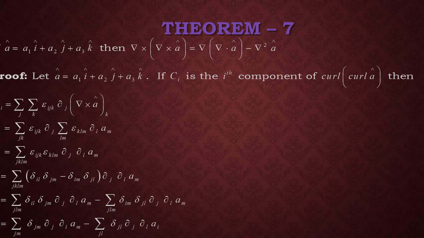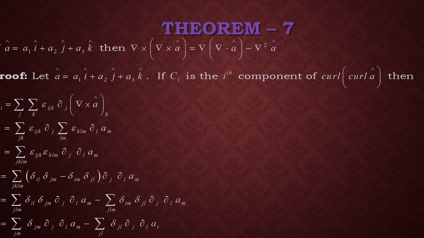Here del cross A cap suffix k represents the kth term of curl A cap. Here, instead of writing two summations, we can write only one sigma over the indices jk. Then we obtain Ci equals summation sigma over jk epsilon ijk dou j del cross A cap suffix k.